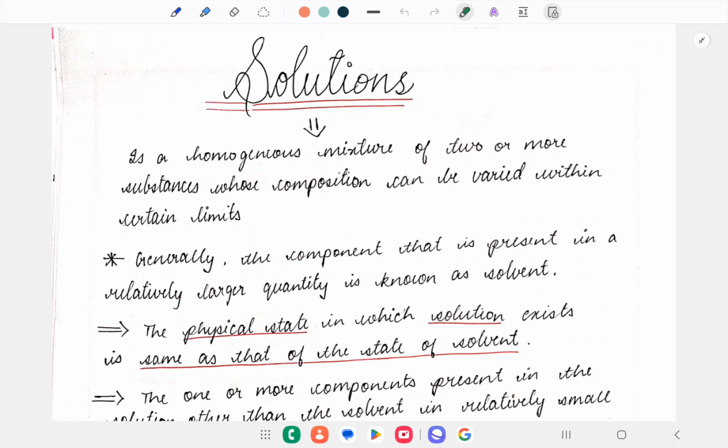In our daily life, we usually come across substances which are mixtures of two or more substances. Solution is one of the most important classes of mixtures, which is homogeneous in composition and properties.